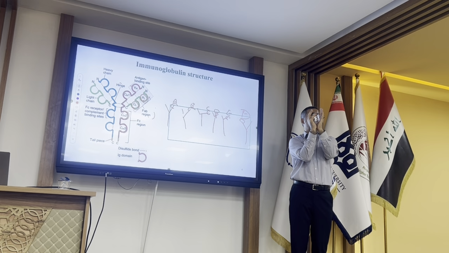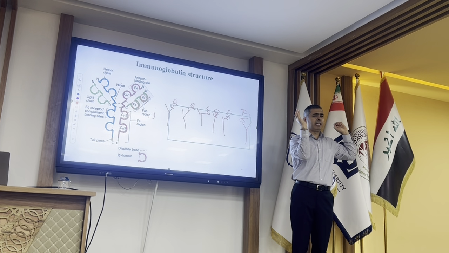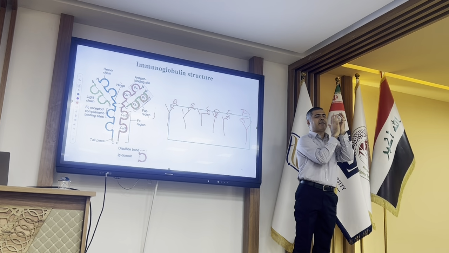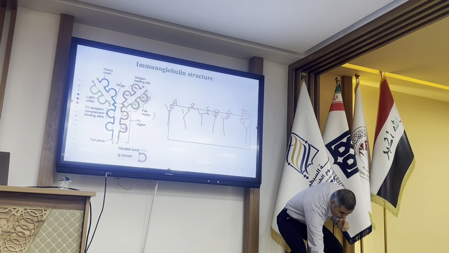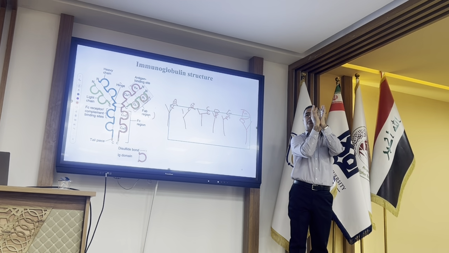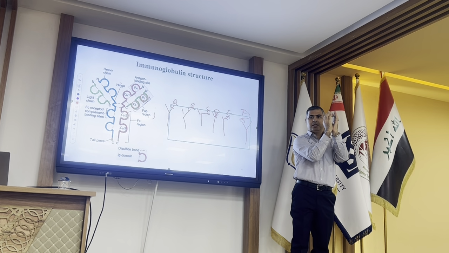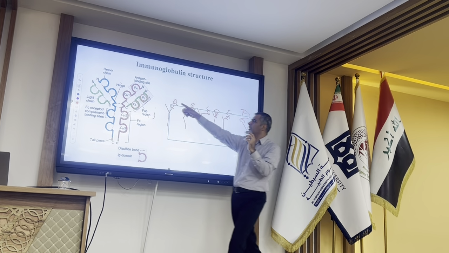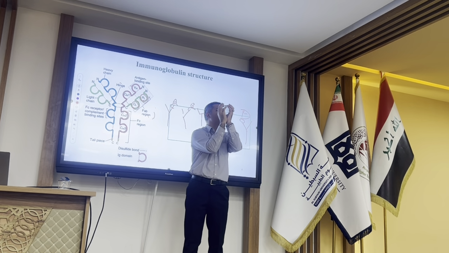The variable domain of light chain alone cannot bind to the antigen, and even the variable domain of heavy chain by itself cannot bind. We need both variable regions together to make a site that can bind to the antigen.